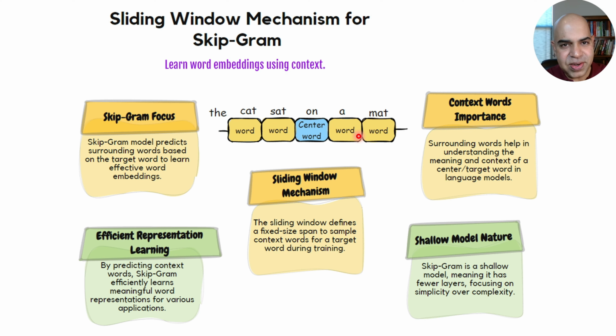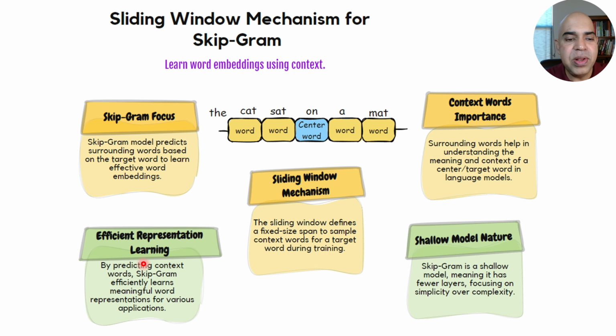The word target refers to the expected output in a neural network. We are not referring to that. The expected output is the context word, that is these yellow words. So if on is the center word, then A will become an expected output. Also against on, mat will become an expected output.